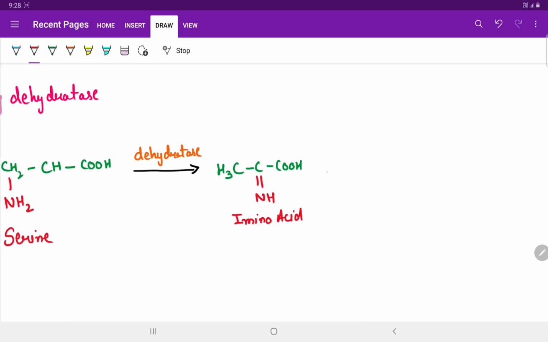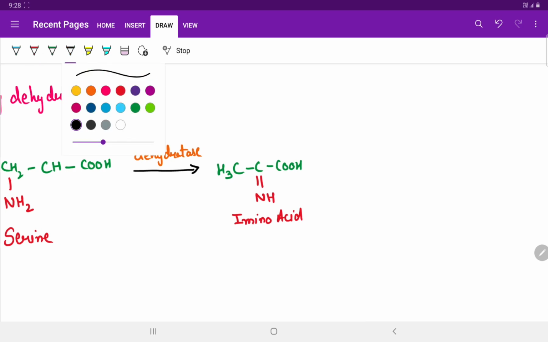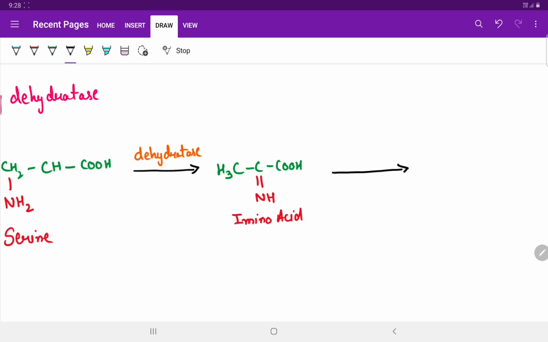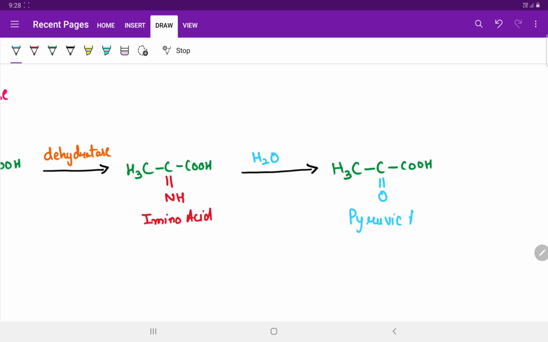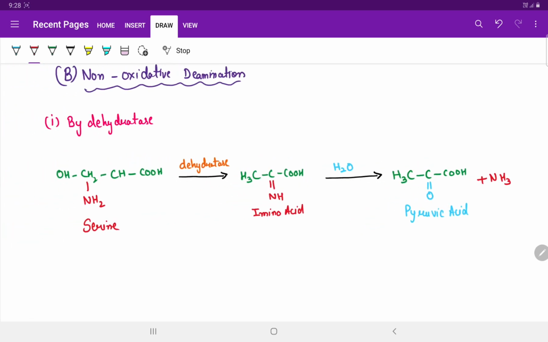And further in presence of a water molecule, the ammonia will be liberated out and leads to formation of pyruvic acid. So this is pyruvic acid and ammonia is liberated out. So this is the general reaction for serine dehydratase enzyme.